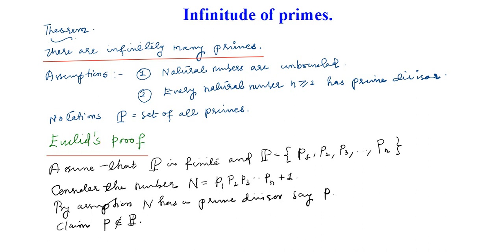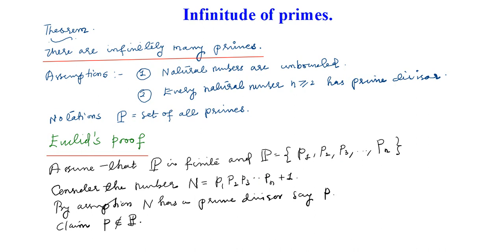First is Euclid's proof. In Euclid's proof we assume that the set of primes P is finite, and we list those prime numbers p1, p2, p3, up to pn, the n prime numbers. We consider a particular number N, equal to the product of the n primes plus 1: p1 times p2 times p3 up to pn, plus 1.